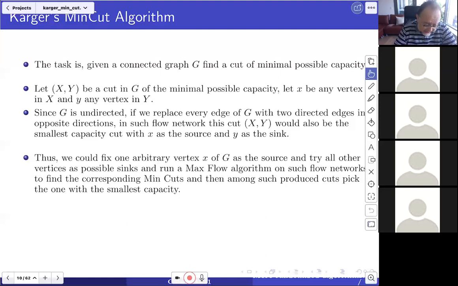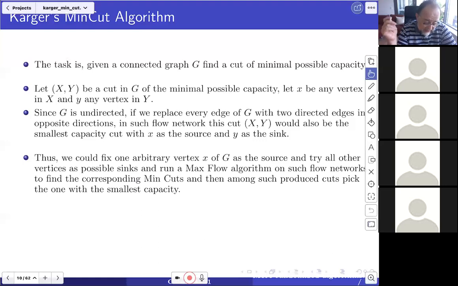So this means that since it's not important who is source and who is sink, you can fix one vertex and then range with the other end over the rest of the graph.